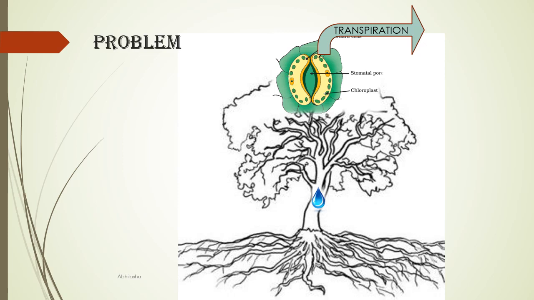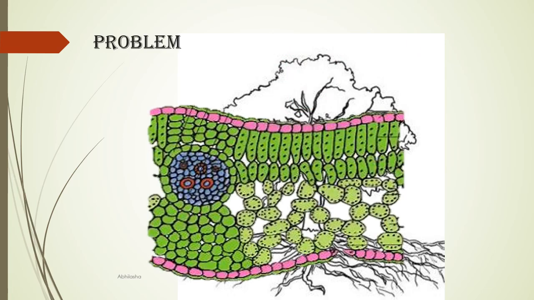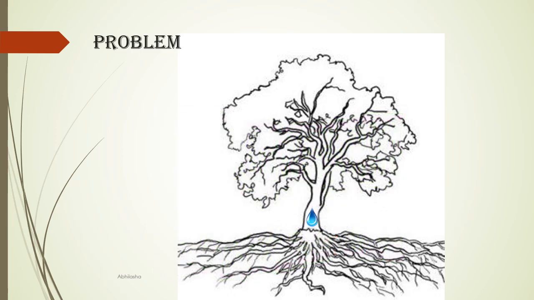Where will they get water from? To compensate for their loss, from the next adjacent cell, which will get water from the next adjacent cell. So everyone is borrowing from next door, and this chain of losing and borrowing continues till xylem. This creates a suction force and pulls up the water to the leaves.